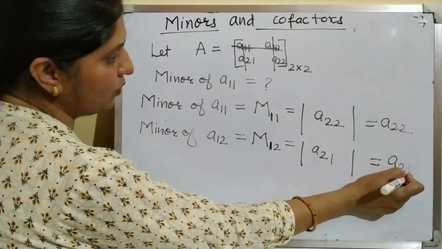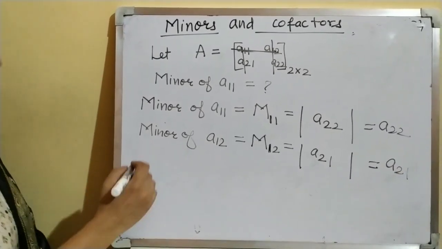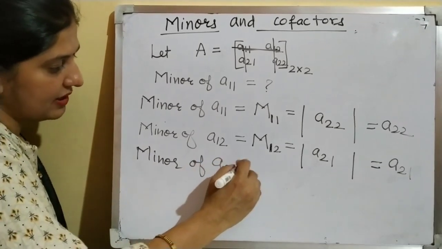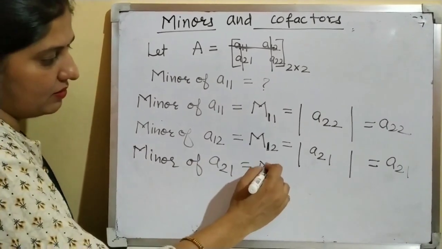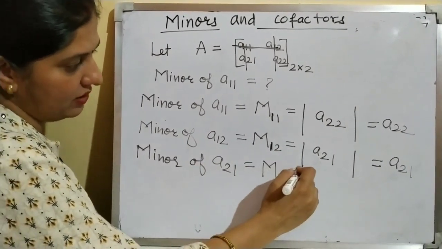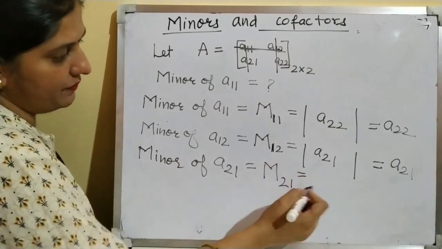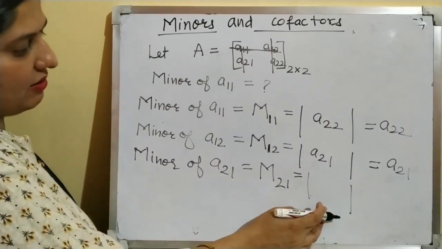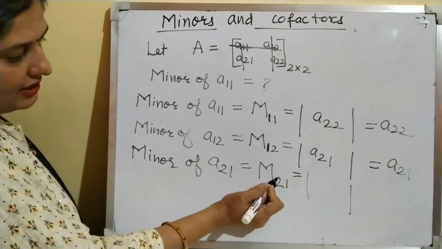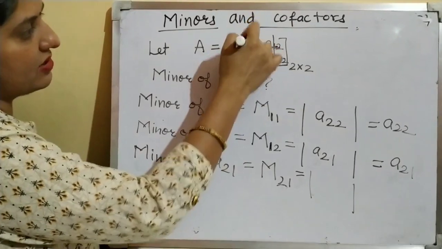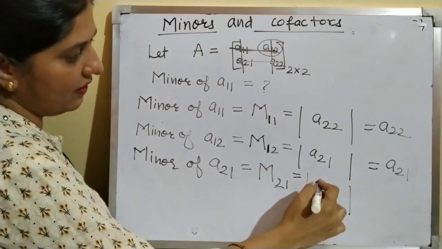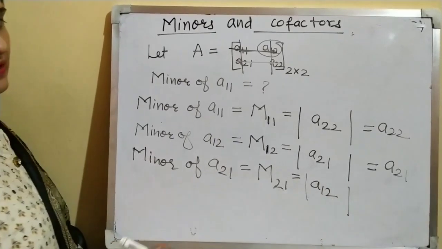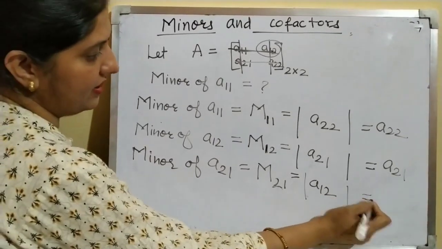We get A21. In the same way, the minor of A21 is M21, which is the determinant of the submatrix obtained by deleting the second row and first column. We get A12.